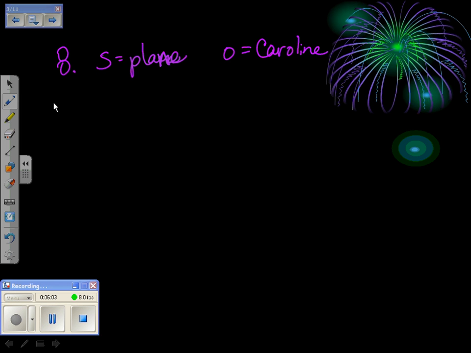So if we have the frequency of our source, that would be 200 hertz. And then we have the speed of our observer. Well, Caroline is standing there, so she has 0 meters per second.